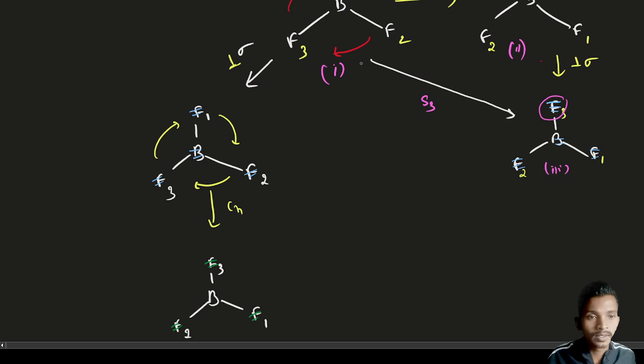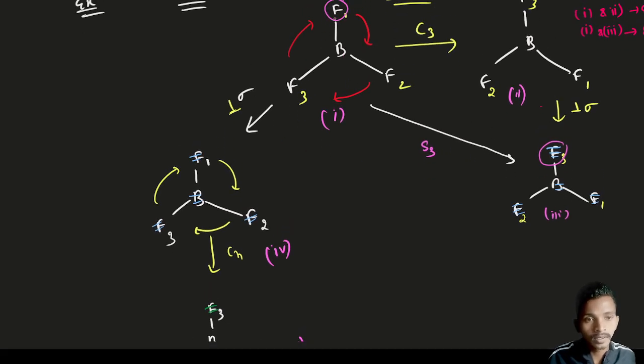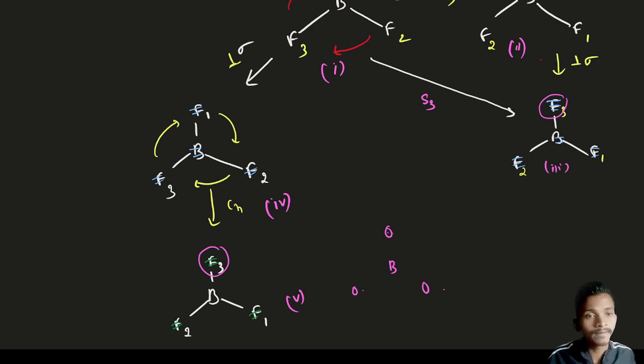So you see this one, let's say this is 2, this is 3, this is 4, and this is 5. Here, in place of F, F is there. It is not at the back. In this space F has come, here also, and in the spaces of F1, F2, F3.